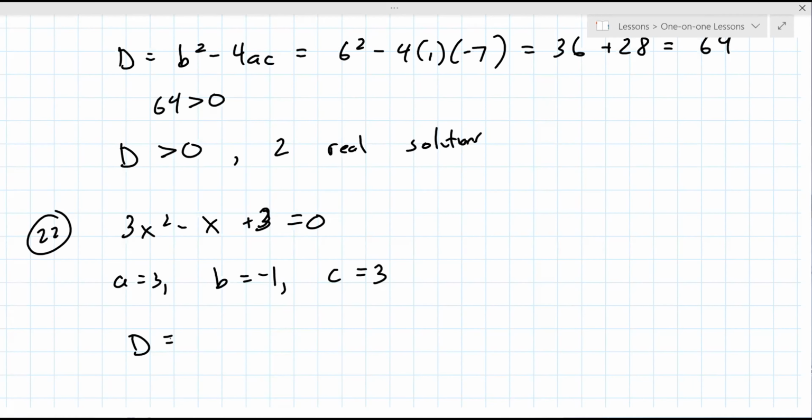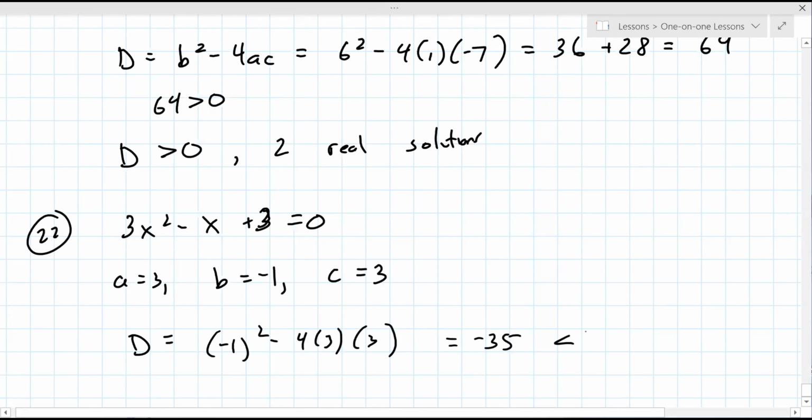Is it -35? So we got b squared minus 4 times 3 times 3. So it is -35. That means it's less than 0. That means what? How many solutions does it have, and what kind are they? It has 2 imaginary. Perfect.